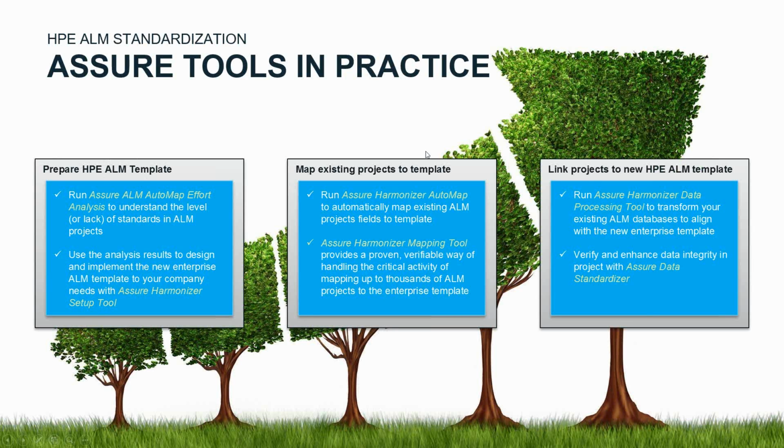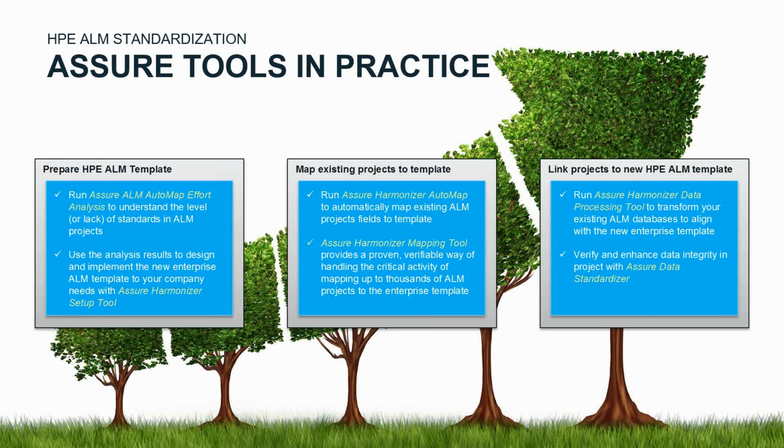We mapped our existing projects to the template with the use of Azure Harmonizer Automap and the mapping file. And then we linked the projects to the new template by using the data processing tool that converts the actual project. And then we run the cross-project customization in HPALM to really push the template configurations to the project.